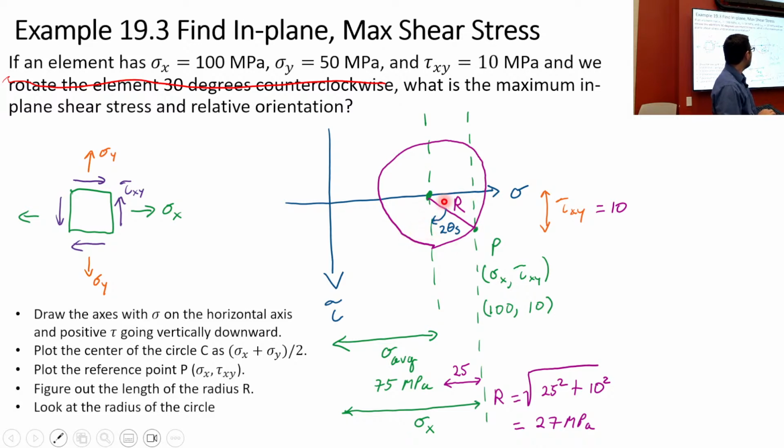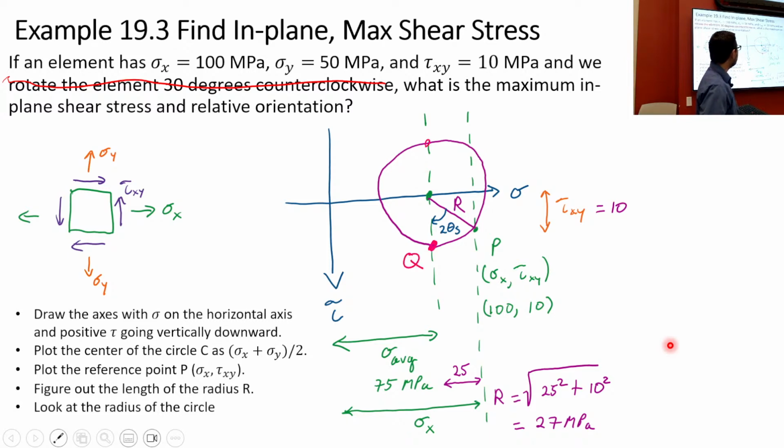Or you could go around more to rotate counterclockwise, and that would give you something larger. But we know that this angle plus that angle is going to be 180 degrees. So these states of stress would be 90 degrees of the element relative to each other.